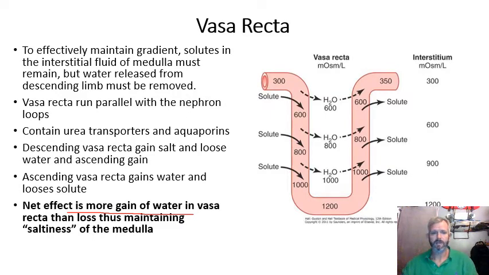But since the vasa recta are coming through, they run parallel with the nephron, but they're moving in the opposite direction. Their main effect is they pick up that water that is leaving the descending limb, and they can keep this gradient maintained. So it's an action of both what's happening in the nephron loop, and this removal of water by the vasa recta.